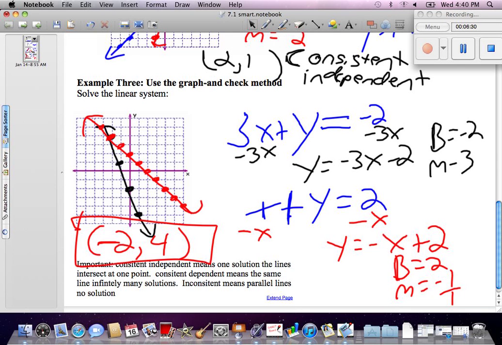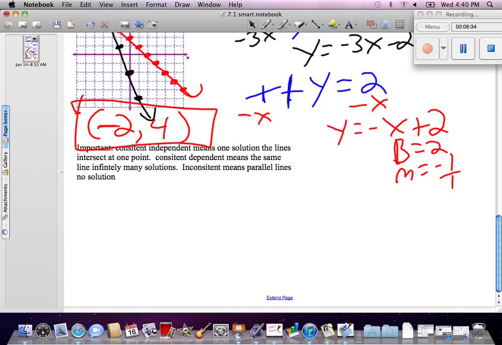Okay? I'm going to mention one more thing about consistent independent, consistent dependent, and inconsistent. We think of consistent independent as an x, like you're crossing, x marks the spot. That has one answer.